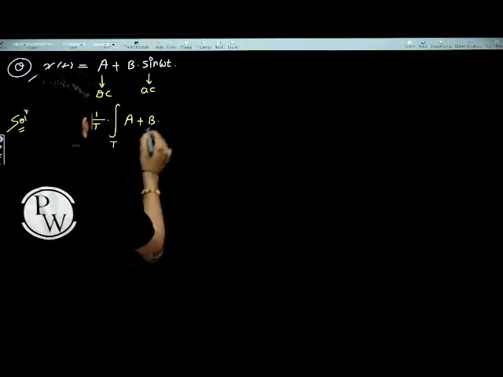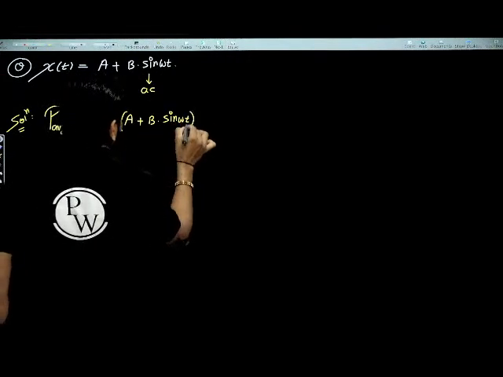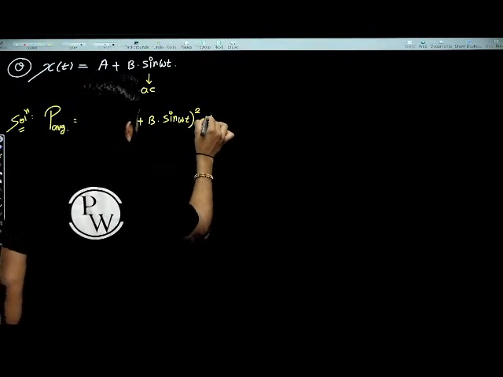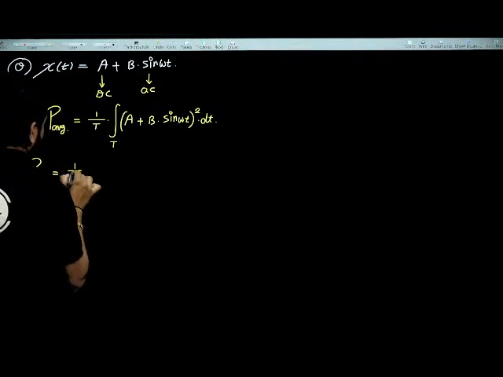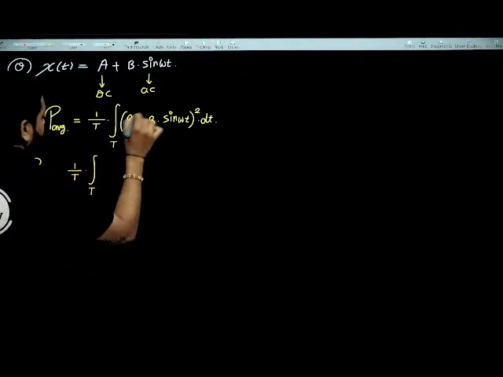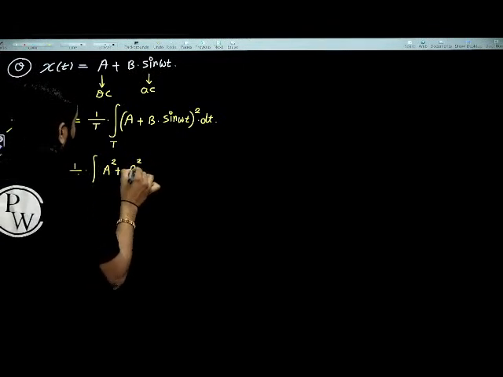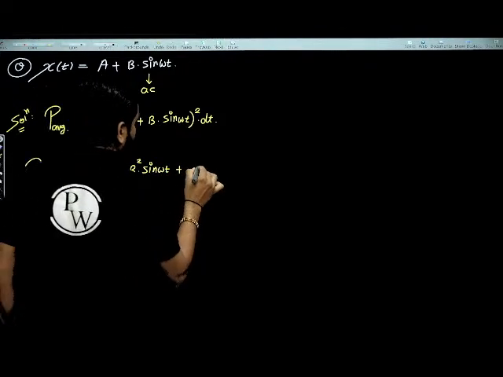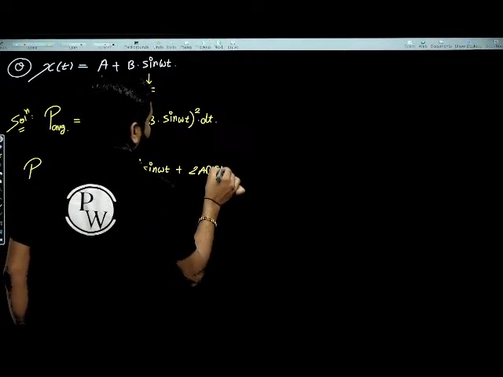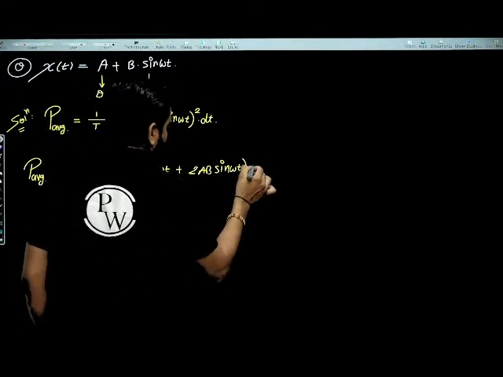Okay, (A plus B sine omega t) whole square dt. So the average power is given by 1 by T integration of (A plus B sine omega t) whole square. So A square plus B square sin square omega t plus 2AB sin omega t dt.